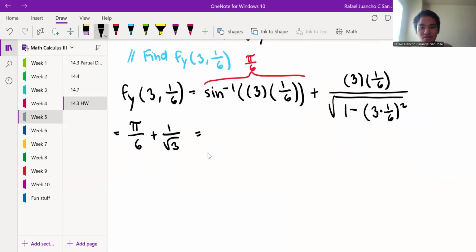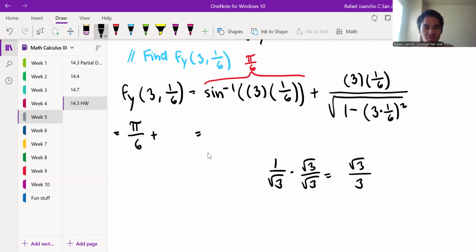And then, is that good? I would say this is already good. But no, that's totally fine. I could rationalize this. Let me quickly do that. So I get square root of 3 over 3.